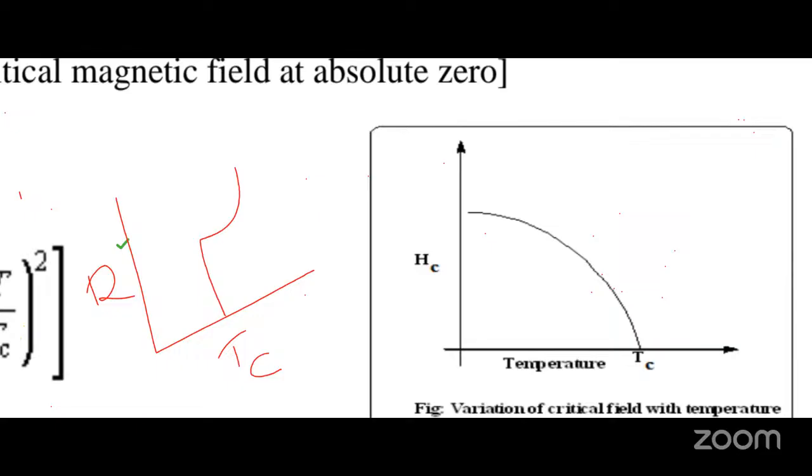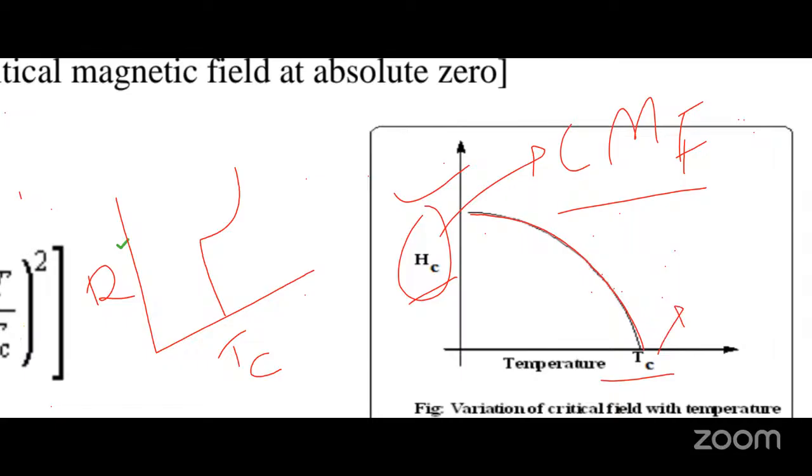Such a condition is known as the superconductivity state. Now, if we plot a graph between temperature and HC, at this particular temperature, the magnetic field strength is known as HC. This is the critical magnetic field. HC is the critical magnetic field strength. So we have the critical temperature and the critical magnetic field.